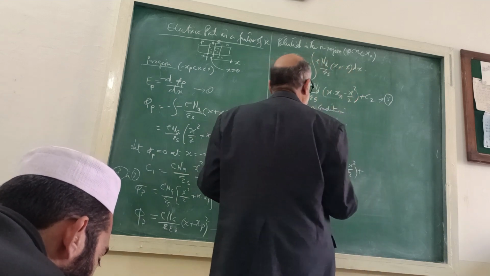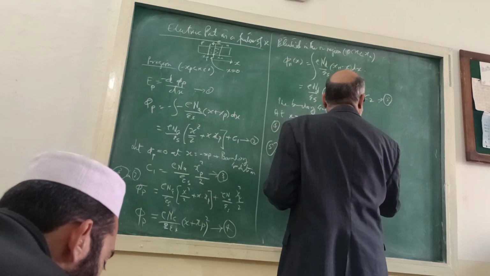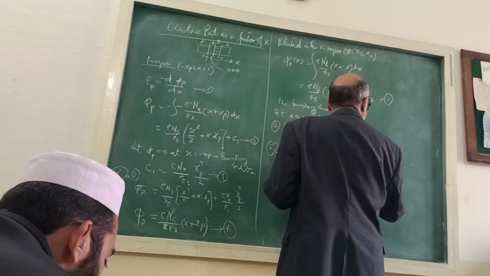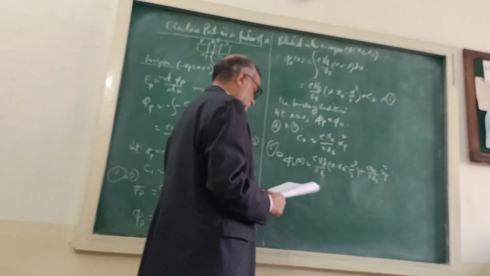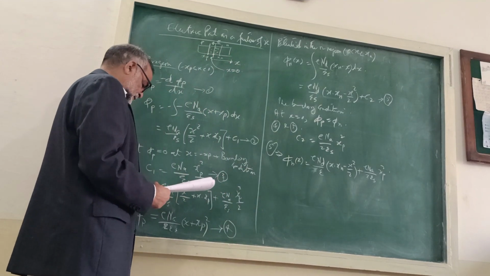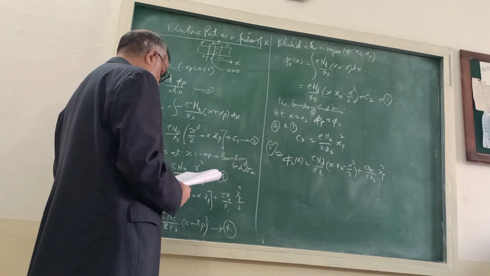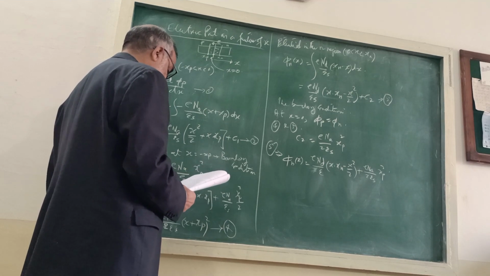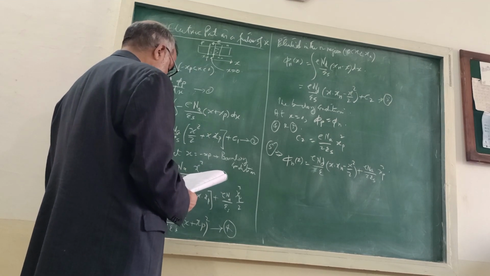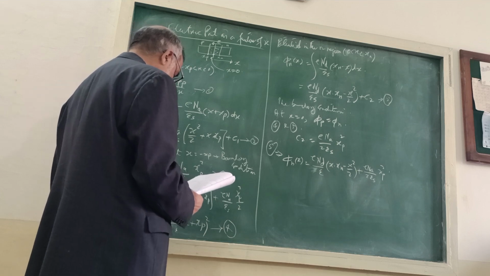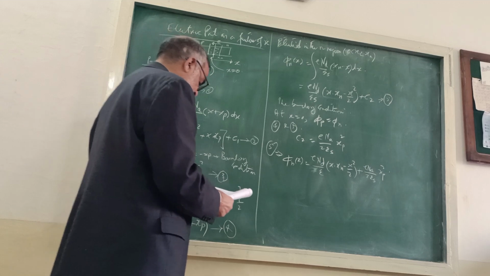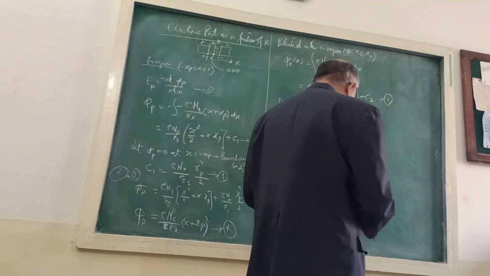So C2 is q NA over 2 epsilon s, xp squared. That is the potential of the n side.